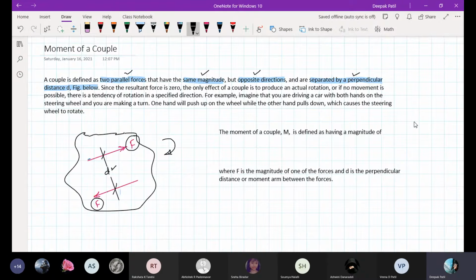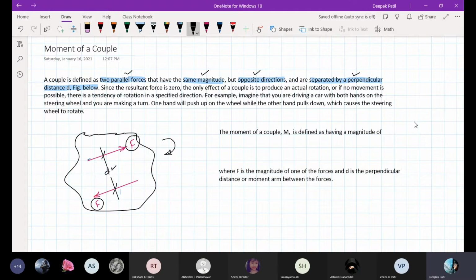Okay, I will give you one more example. When you try to open the cap of a water bottle, what will you do? You will take both your fingers, that is the thumb and the forefinger, and you will push the thumb down and pull the forefinger upward, right?